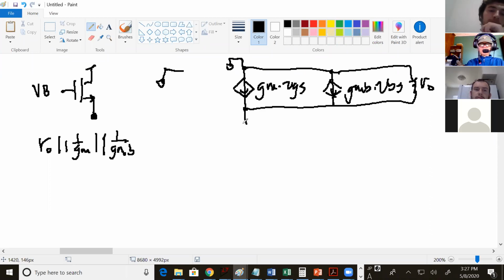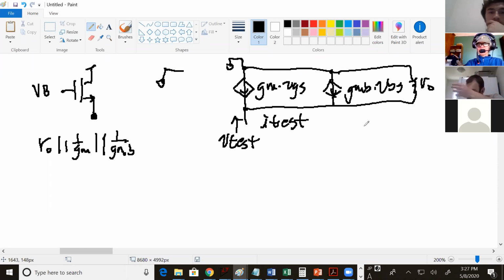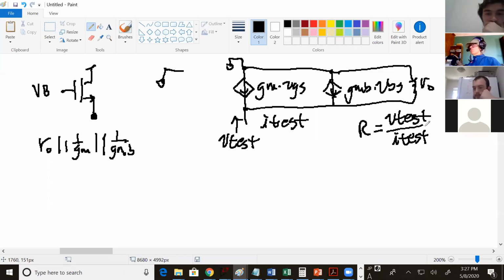And right here, the value we're trying to find is R, which is V test over I test. And there's no V in to set to 0, so nothing to set there. I always forget to draw that.